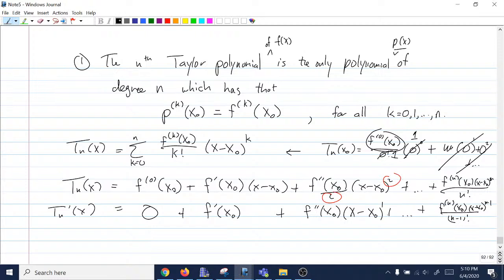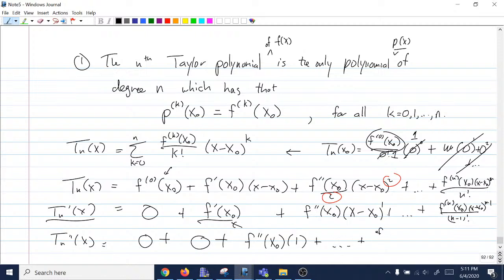Now when I plug in x naught, I get T n prime at x naught equals f prime at x naught. So f agrees at the point, and the derivative agrees with the derivative at the point, and all these other things will be 0. If I take a second derivative, I get 0 plus 0 plus this one will be f double prime of x naught, plus dot dot dot.